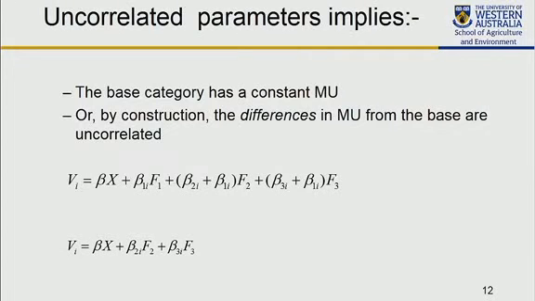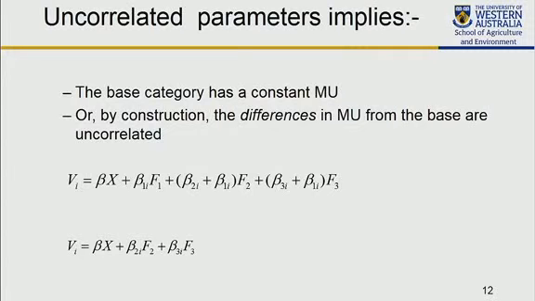So if I started off by saying, well, the data generating process is really this: beta 1 on F1, beta 2 plus beta 1 on F2, and beta 3 plus beta 1 on F3. Now I play the trick: oh, I have to drop F1, make the differences, and the beta 1s disappear.